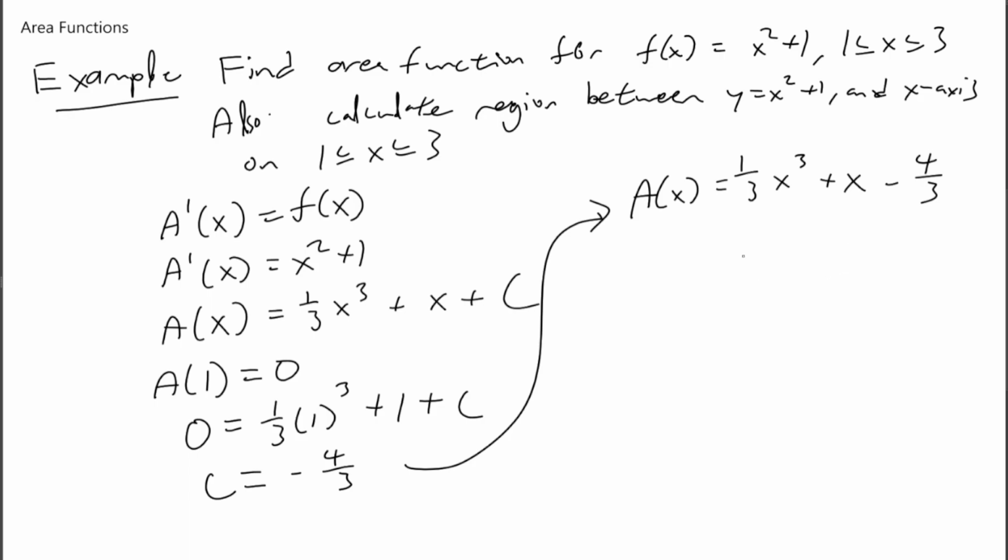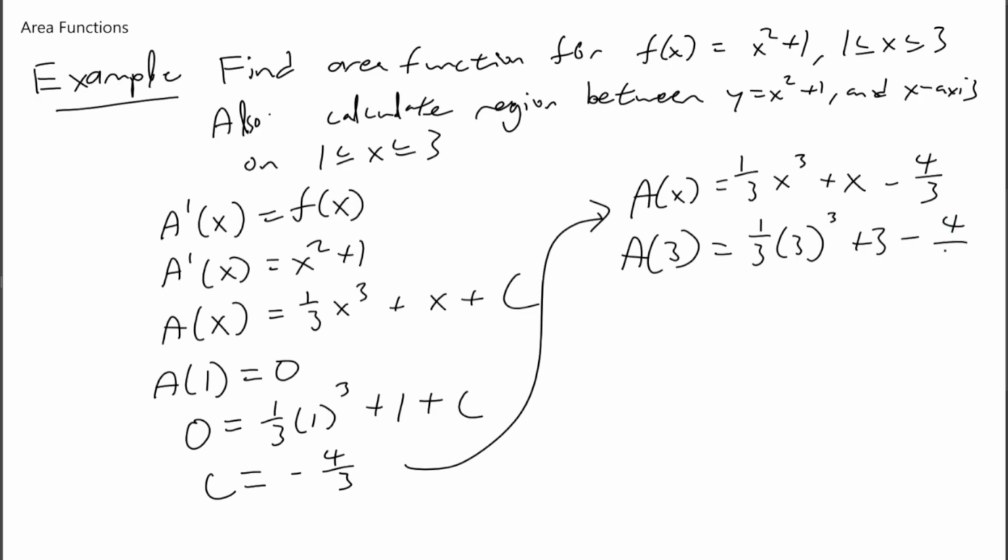And now we just need to find the region between 1 and 3. Since our area function is on the interval of 1 to 3, and we substituted 1 for 0, we can just substitute in 3. And this will give us the area from 1 to 3. This should be pretty self-explanatory.